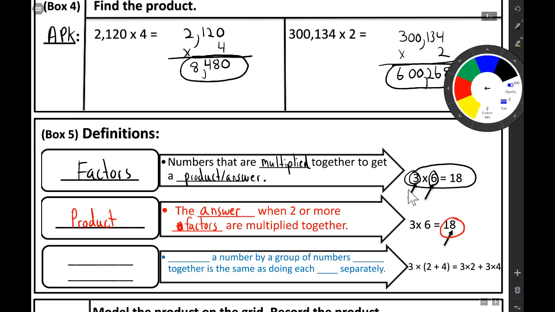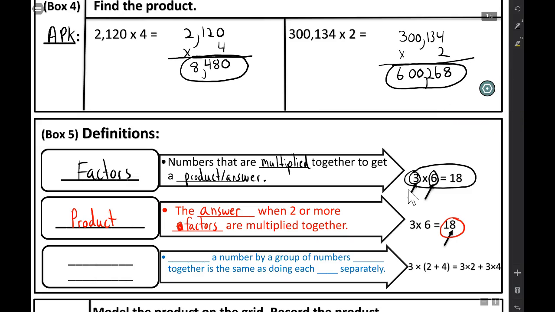Going into our next vocabulary word, we're going to focus on the words distributive property, okay?